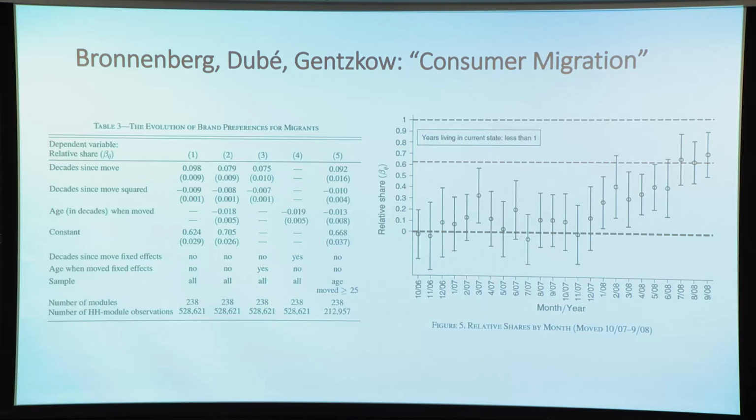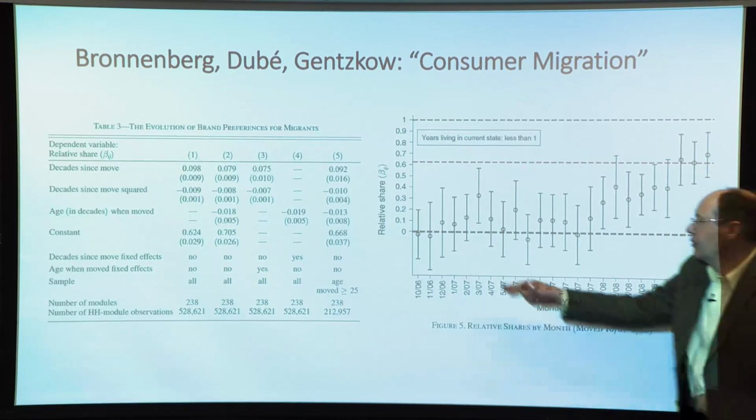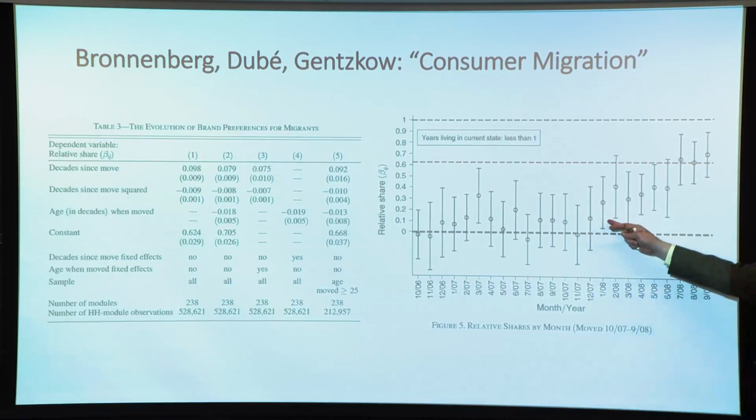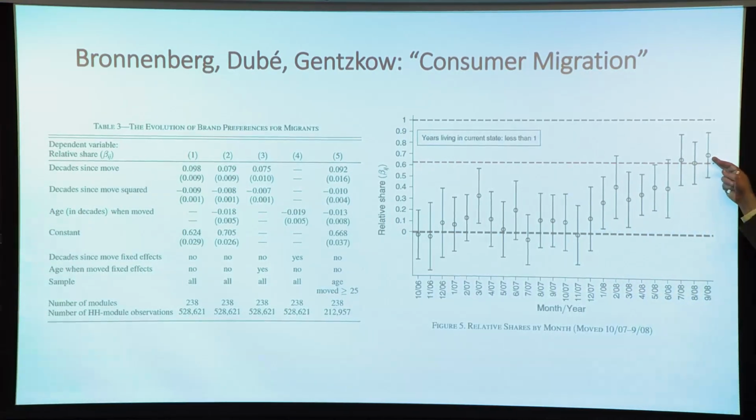So maybe they were more worldly, maybe they already had more Boston kind of tastes, but they're only maybe 10% Boston taste people. And then you look at them as they move through the year, and that 60% for 1 to 4 years isn't 60% for 0 to 4 years. That's 60% within the first 12 months after you get there. So some of these people have only been here 1 month and are already buying the new mayonnaise.